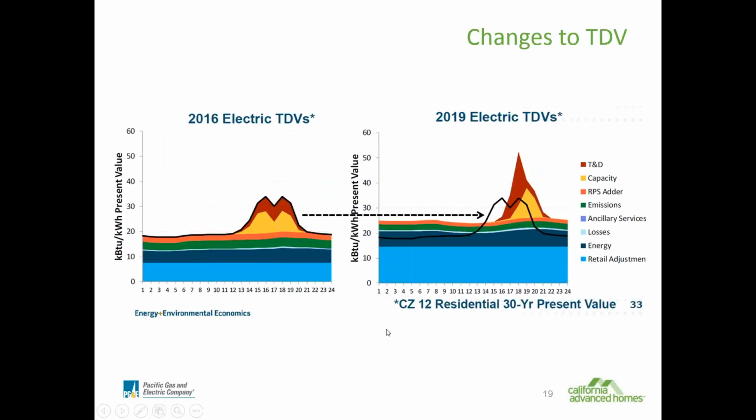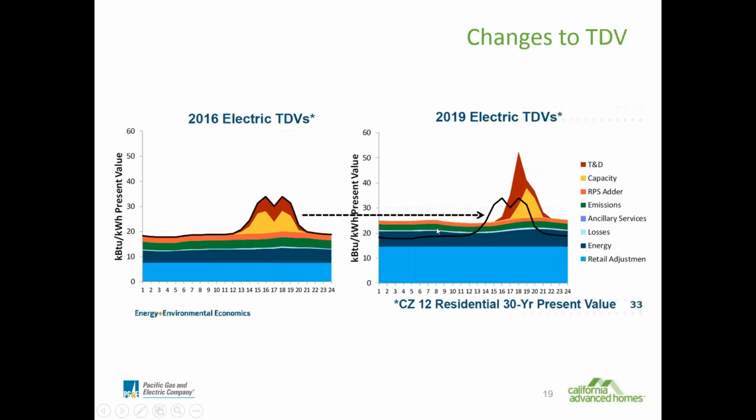Now this is climate zone 12 residential TDV values. But what this is really showing is the time of the day. So the TDV starts to spike, really any time after noon, right? But noon, 1 o'clock, 2 o'clock, this is our peak all the way down to 8, 9 o'clock.